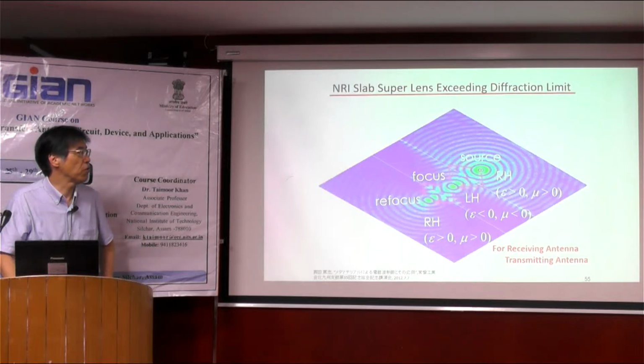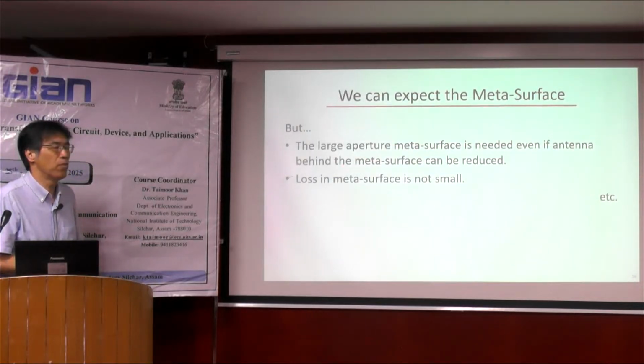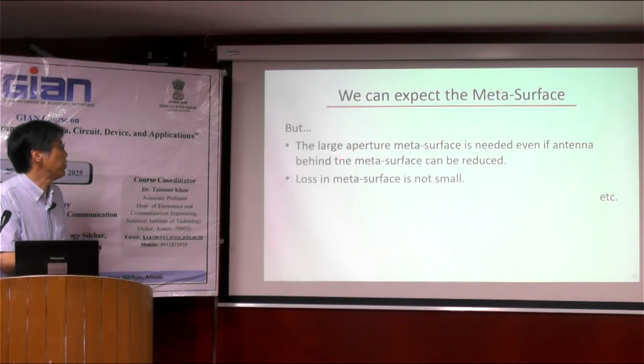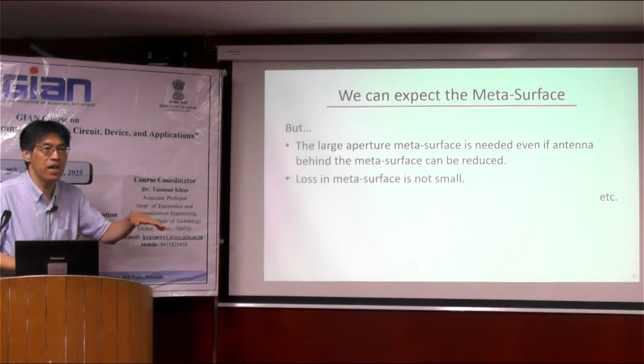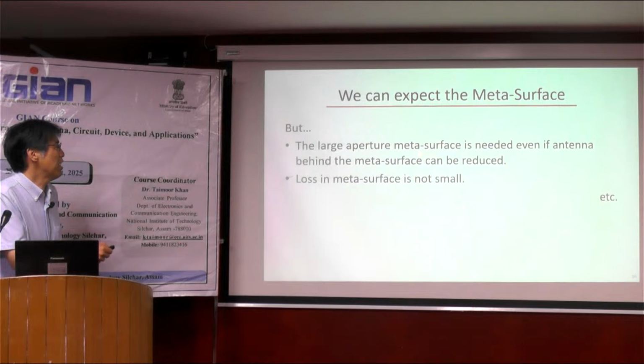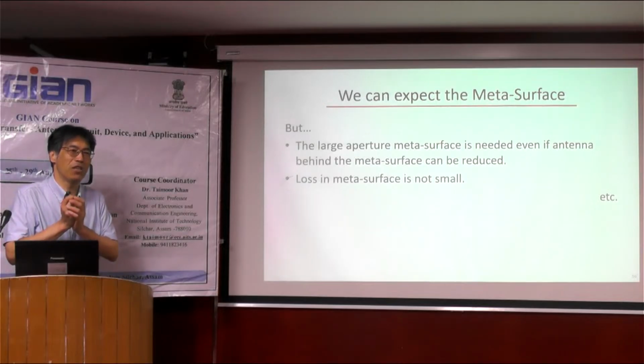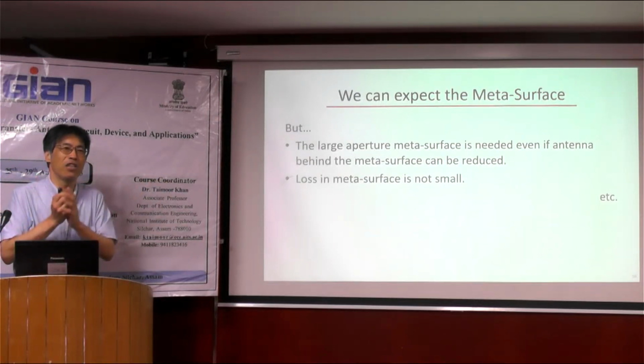So this is an expectation for the metasurface, but we have two problems. When we put a large metasurface in front of the antenna, of course, the antenna becomes small. But at the end, we have to combine the small antenna and a large metasurface. It means it's the same. If we consider the antenna with a metasurface, the aperture area is the same, a large antenna itself.